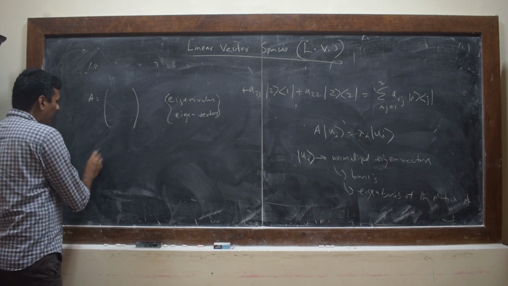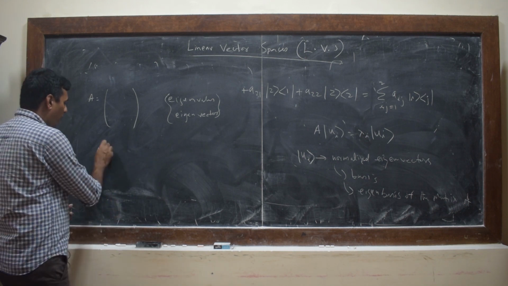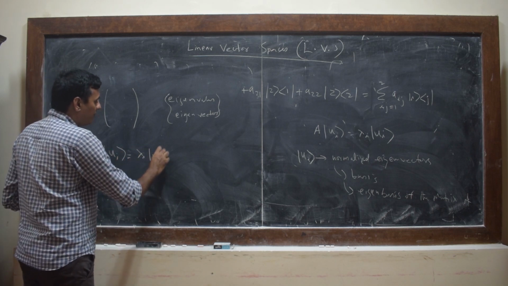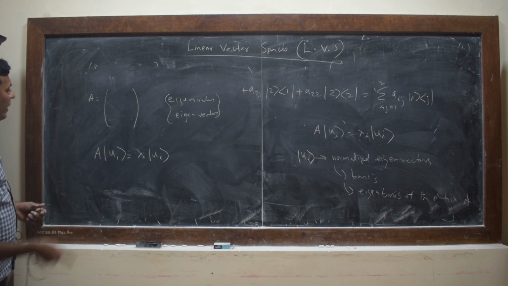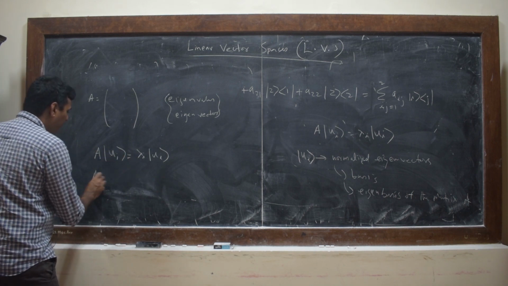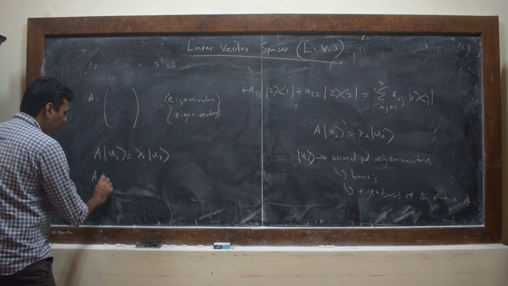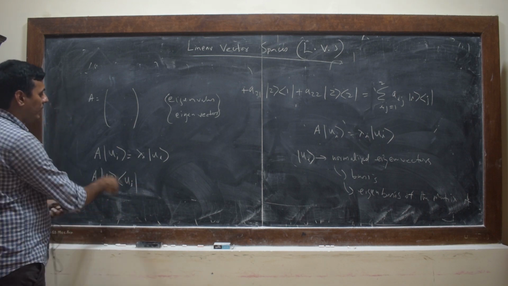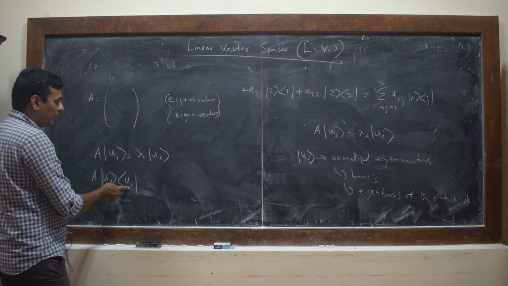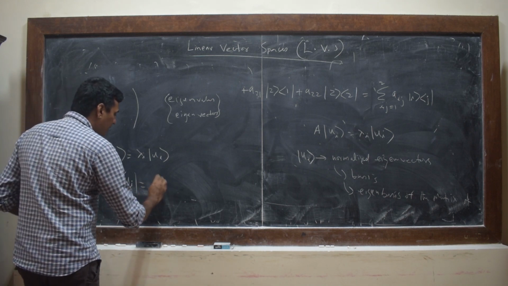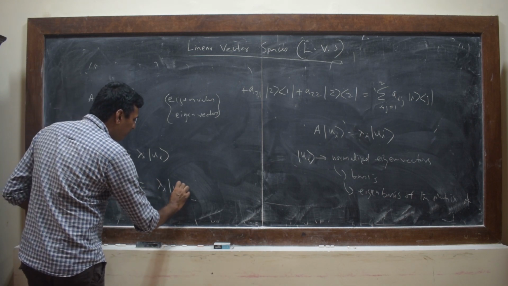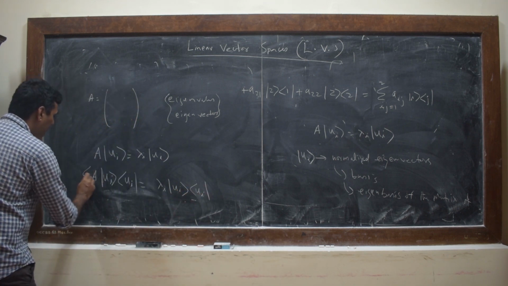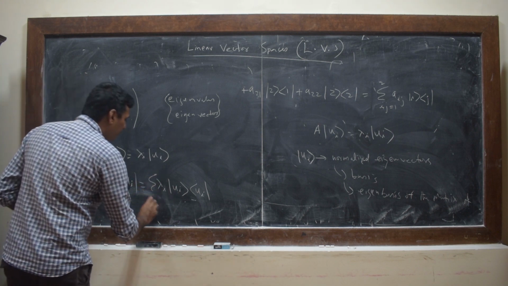So, in order to do that, you write A ui is equal to lambda i ui. Okay. So, you then multiply with the corresponding bra vector, ui, and then it will be lambda i ui ui, and then you sum it over i. Okay.